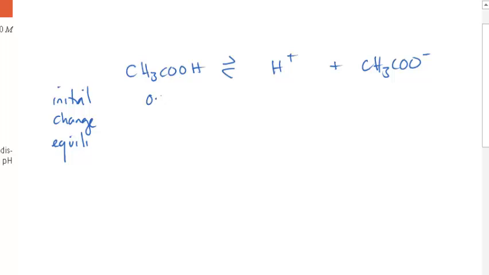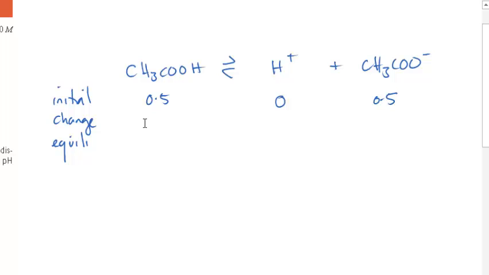Initially we had a 0.5 molar solution here, we had 0 here, and we had 0.5 molar here. This would happen if you had two solutions and mixed them together. Ideally you'd have two 1 molar solutions, and when you mix equal quantities, you're diluting both of those solutions, so you have 0.5 molar of each.